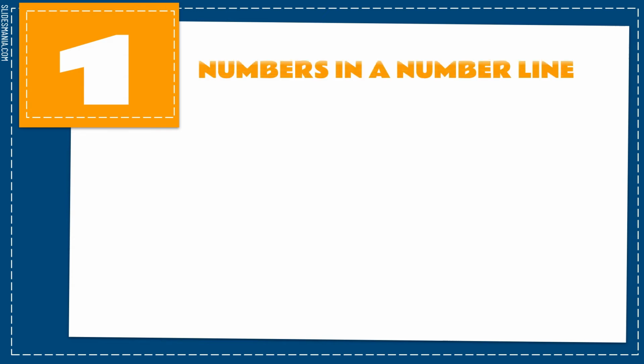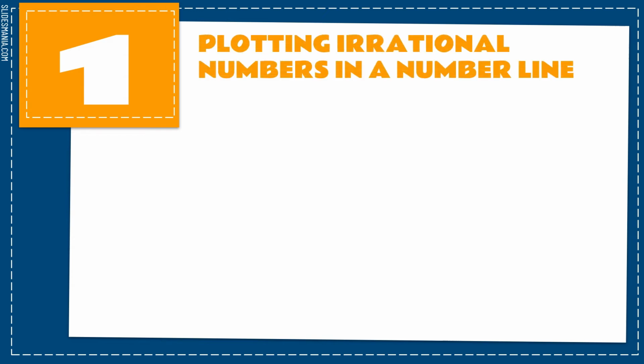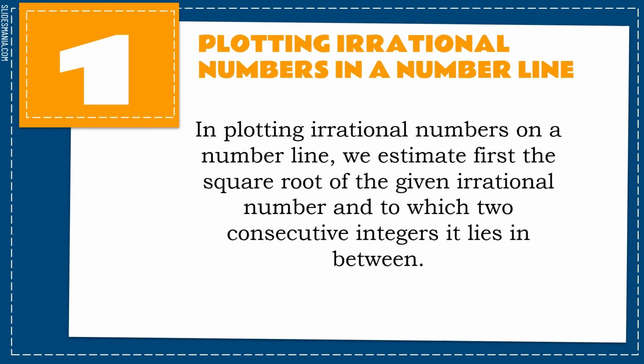Now, after estimating the square root, let us try plotting irrational numbers on a number line. In doing this, we first estimate the square root of the given irrational number and the two consecutive integers it lies between.